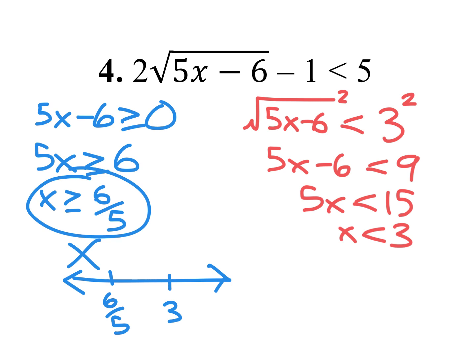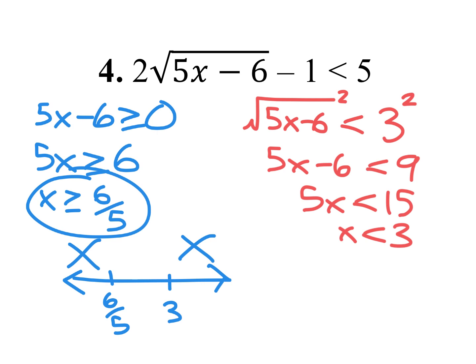All right, so can I use my technique of plugging in a really big number? If I plug in a really big number, like 1,000,000, I get a big number minus 1. That will not be smaller than 5. What is a nice number I can plug in between 6/5 and 3?